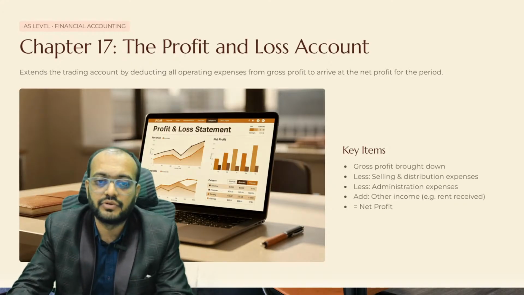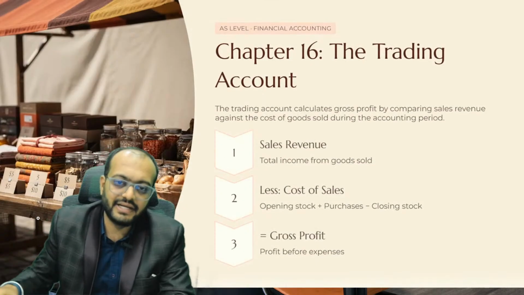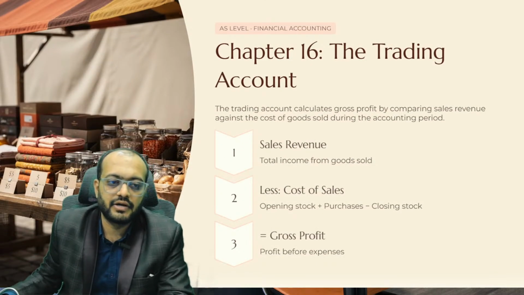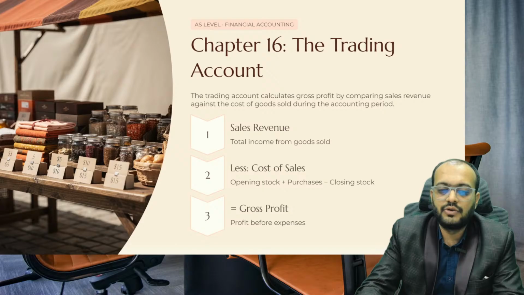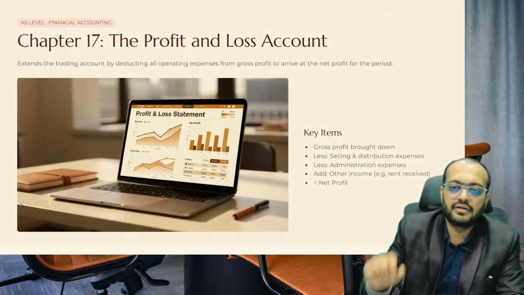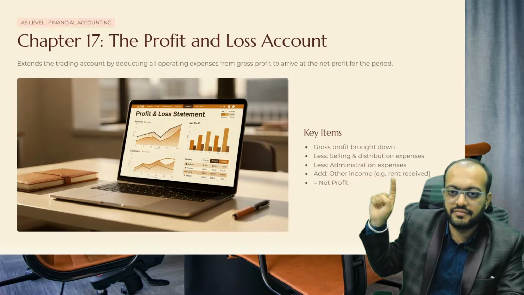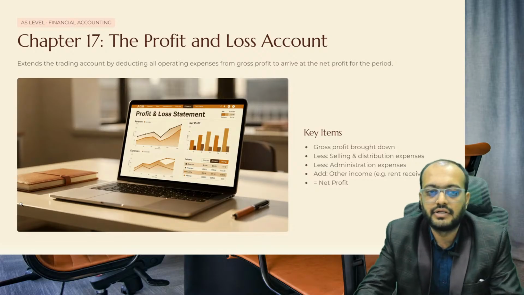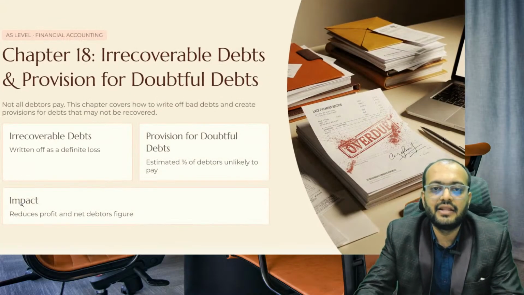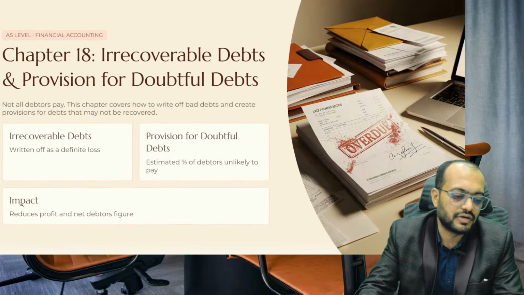This is the part of the trading account. But after preparing the trading account, or after getting gross profit, we have to deduct selling and distribution expenses, then administrative expenses, and add other income to get the net profit.